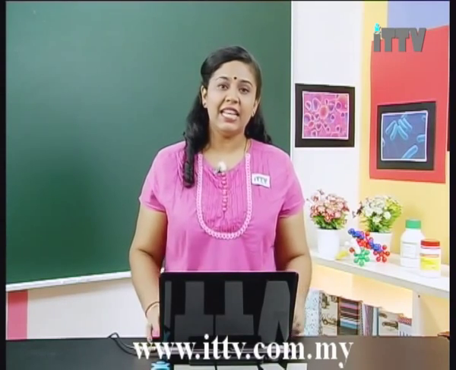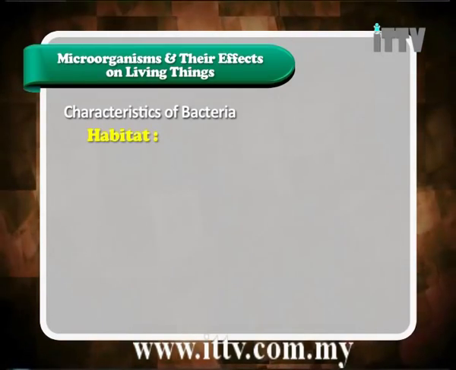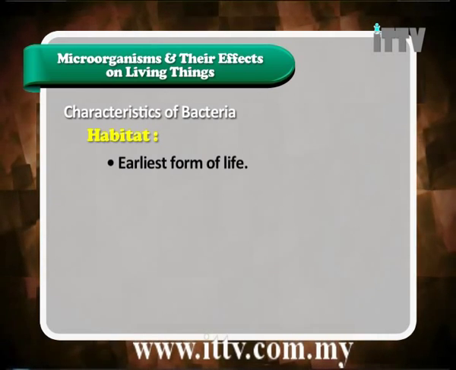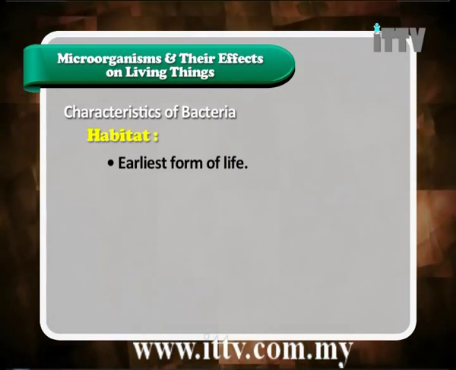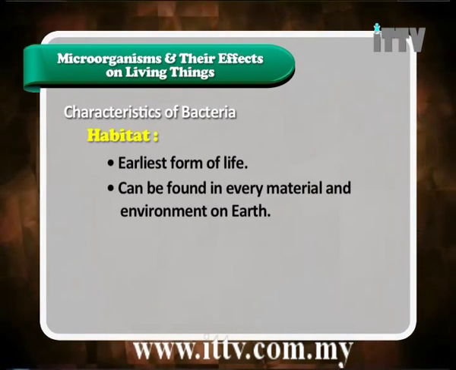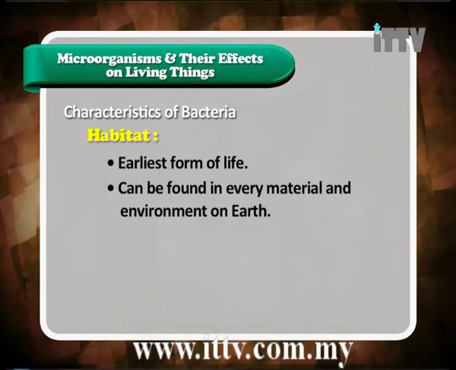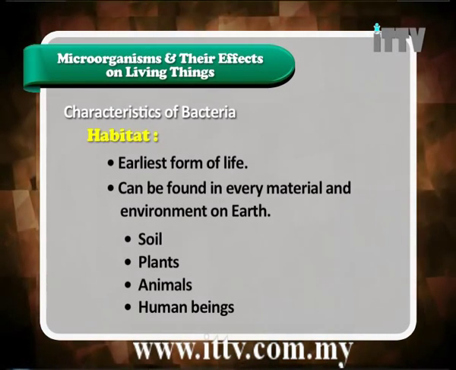Now let's learn the next one, that is the habitat of bacteria. Bacteria are among the earliest forms of life that appeared on Earth billions of years ago. Bacteria can be found in just about every material and environment on Earth, such as soil, plants, animals, and human beings.